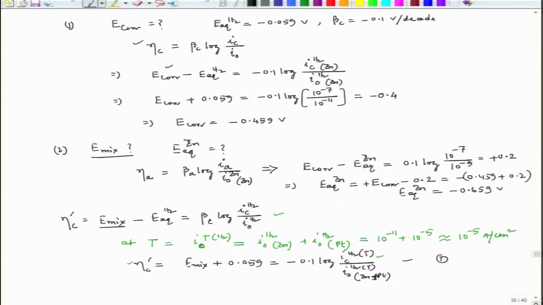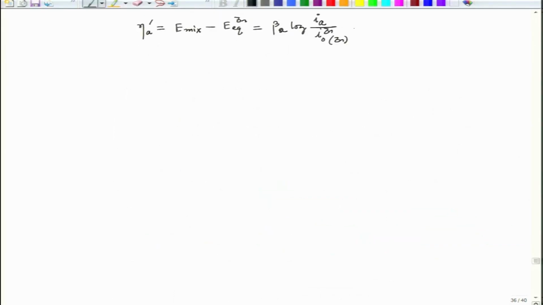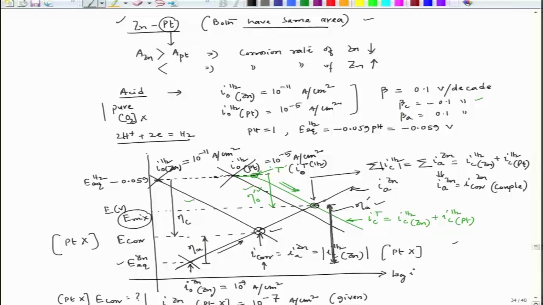So, this is the equation. Now, one thing is very clear from this, that at this mixed potential point, I_C can be said to be equal to I_A, which is valid for this point.